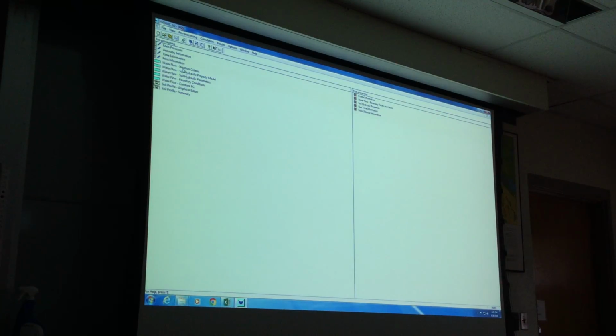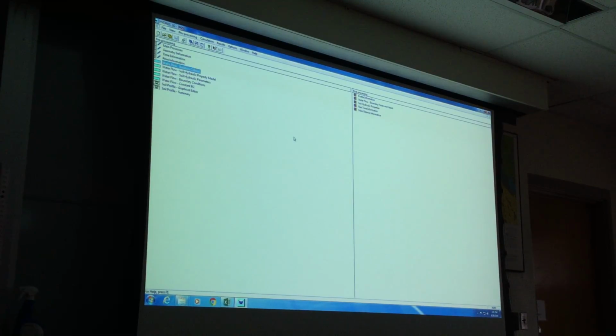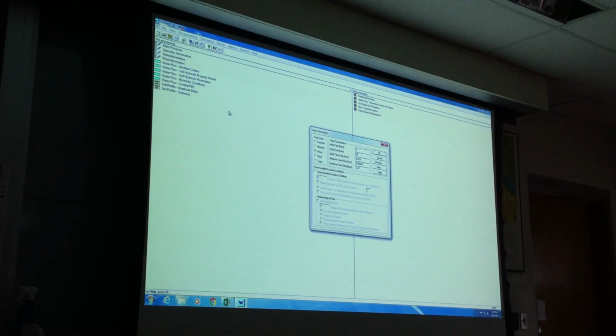So we go back to iteration criteria. This is actually time information. So we can make the initial time step, I think the smallest in terms of hours is 0.001.